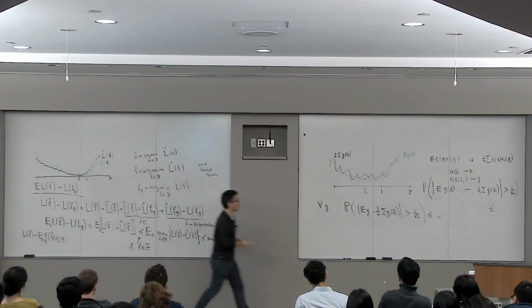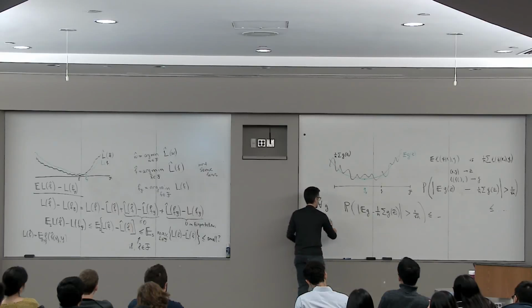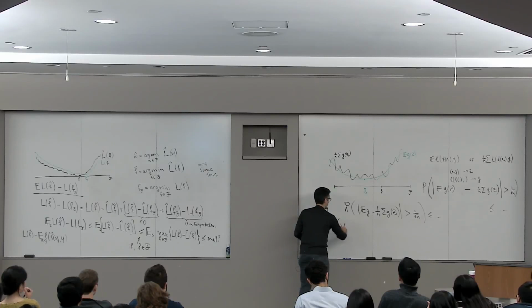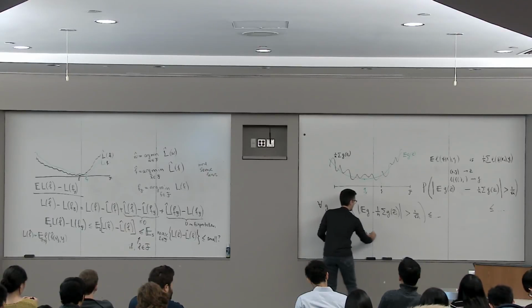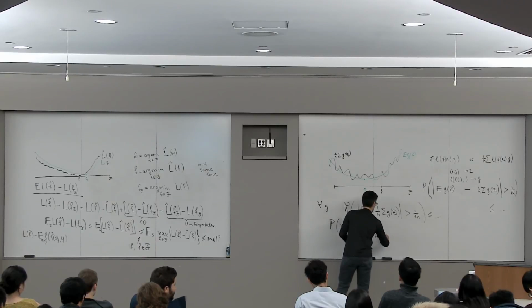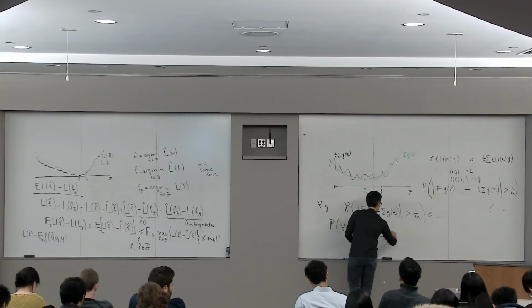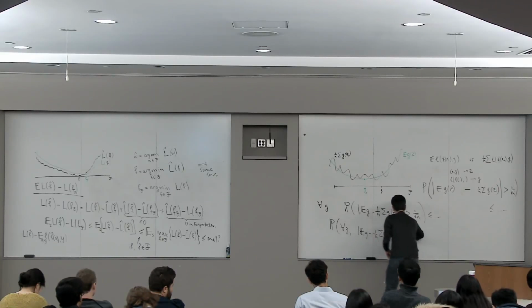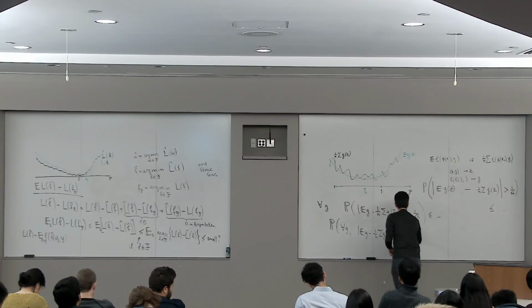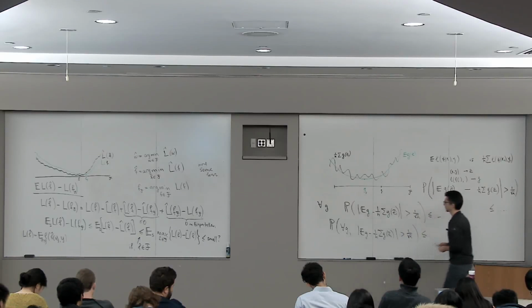So what I want is a statement like this: the probability that for any g, expected g minus 1 over n sum of g of Zi is larger than 1 over square root of n is smaller than some small number.